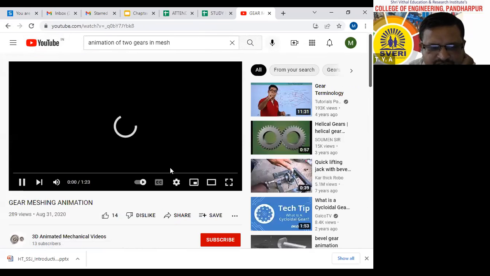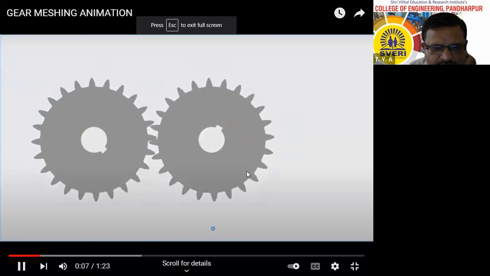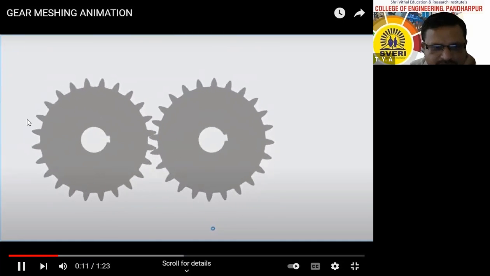See the gear meshing animation. These two gears are in contact with each other externally. Therefore, if this gear is rotating clockwise, this gear will rotate anti-clockwise.